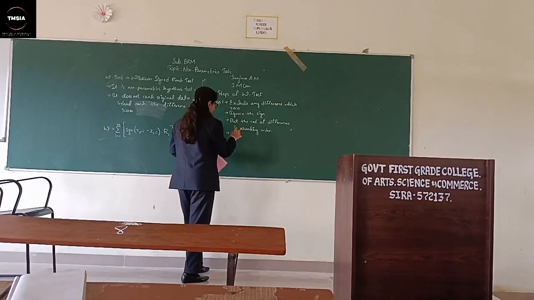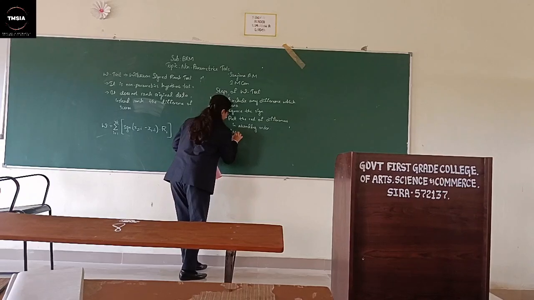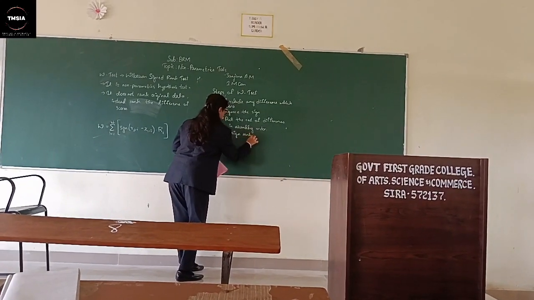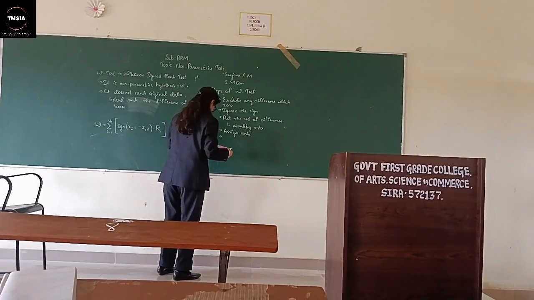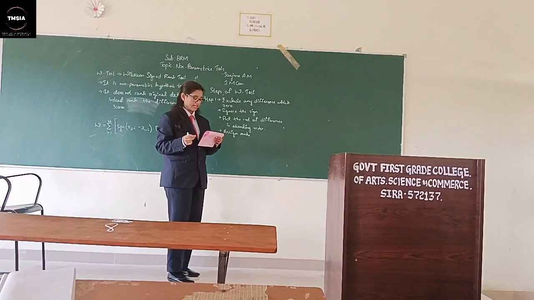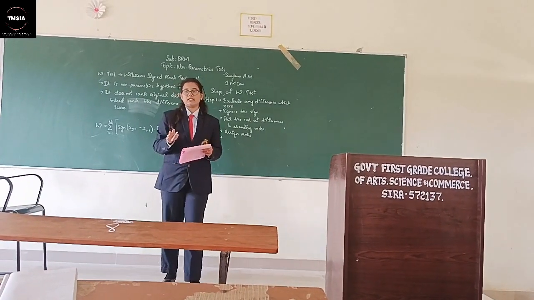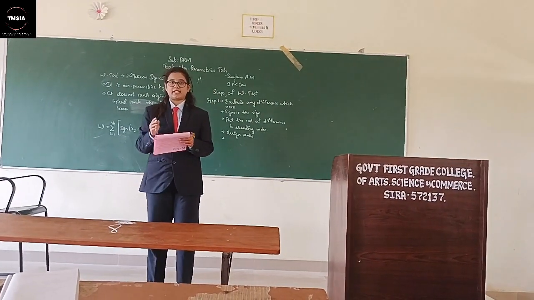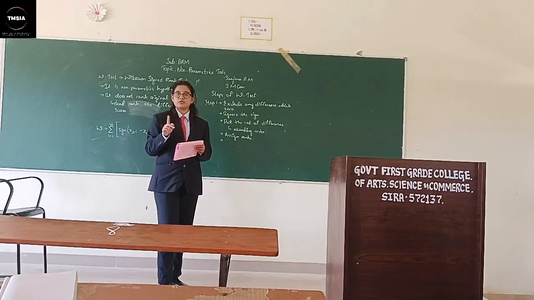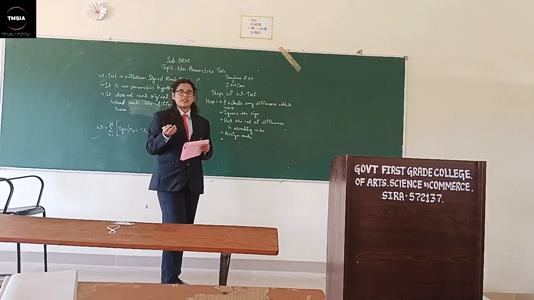After that, they will assign the ranks for them. If any differences are equal, then take the average of those ranks. If two values are equal, they will take the average for that. For example, if two values are 2, they will take the average of that.